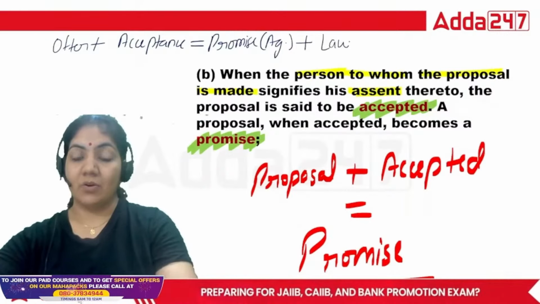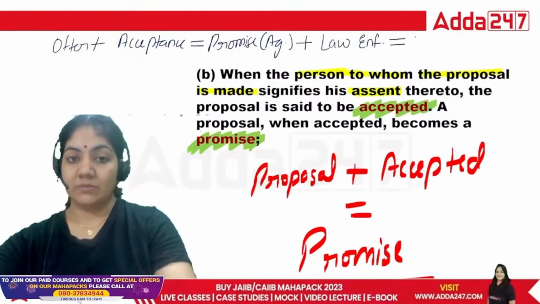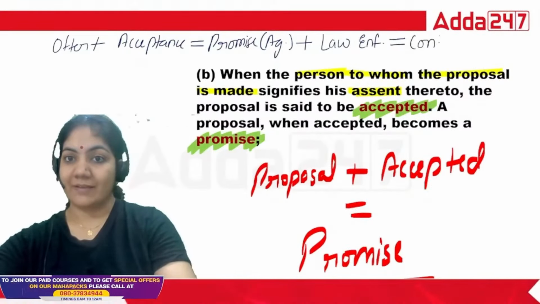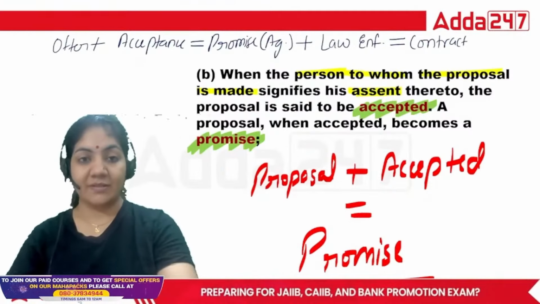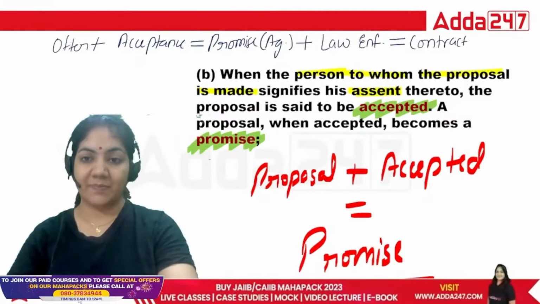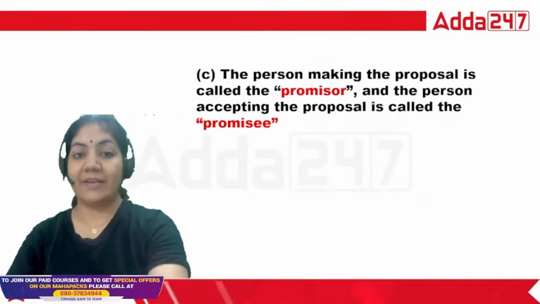When the law enforces an agreement, that is equal to a contract. So this is the formula that we have discussed in the Indian Contract Act. Is that okay? Right? Now, next one.